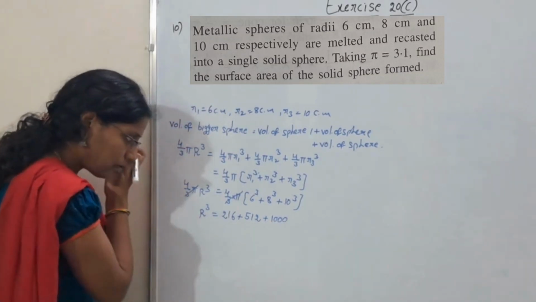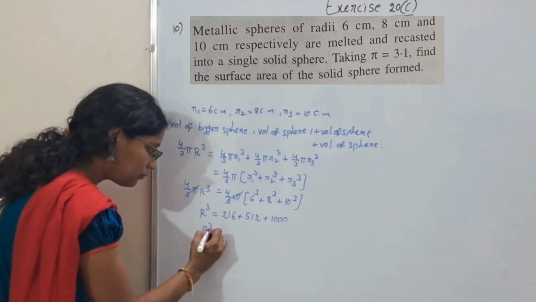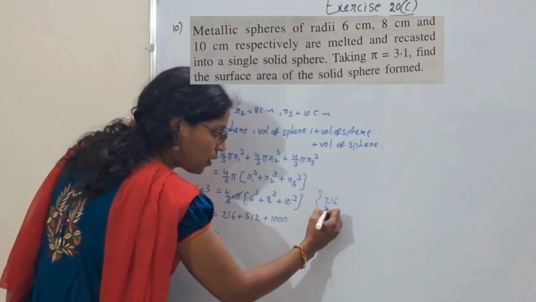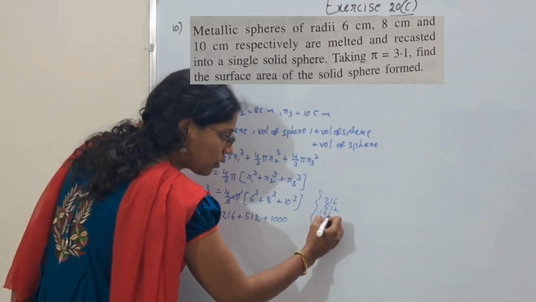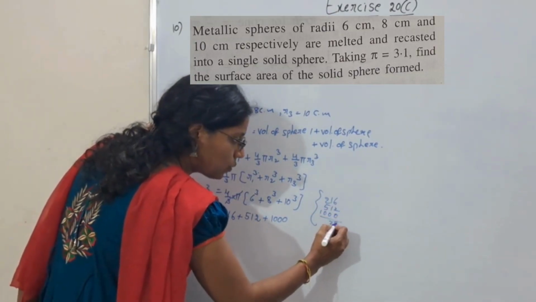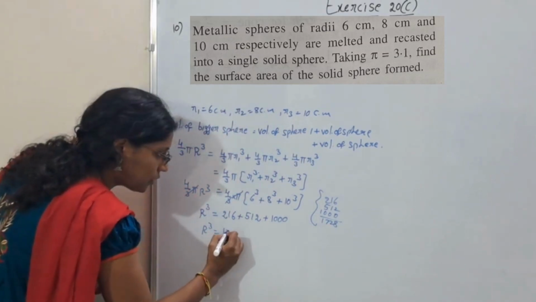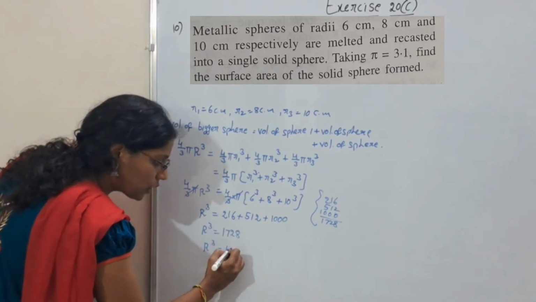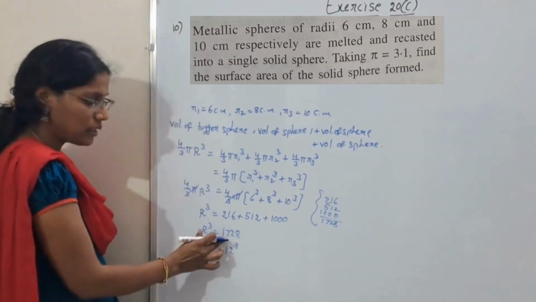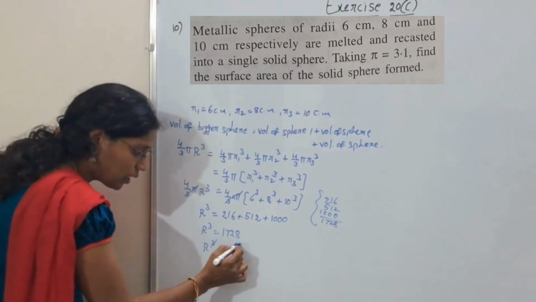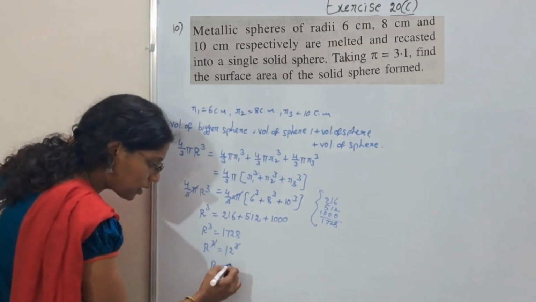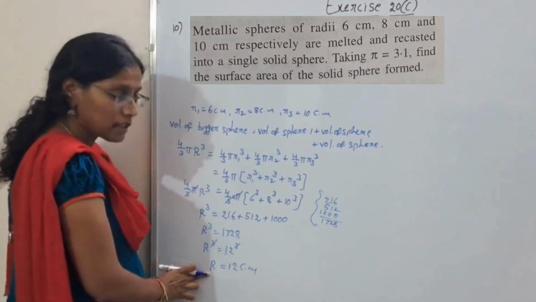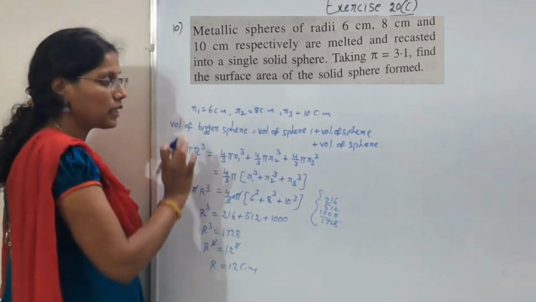Here we have to add 216, 512, 1000. It is 1728. R cube equals 12 cube, 12 cube value is 1728. R is equal to 12 centimeter. This is the radius of the bigger sphere.